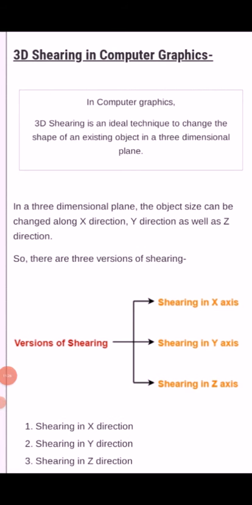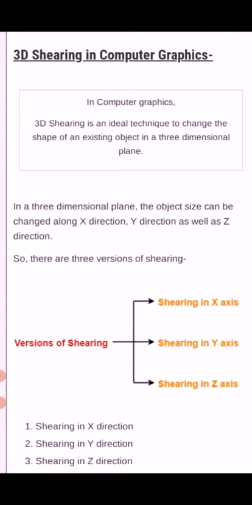So coming to the last transformation, that is 3D shearing. A transformation that slants the shape of an object is called shear. So, in a three-dimensional plane, the object shape can be changed along the x direction, y direction as well as z direction.